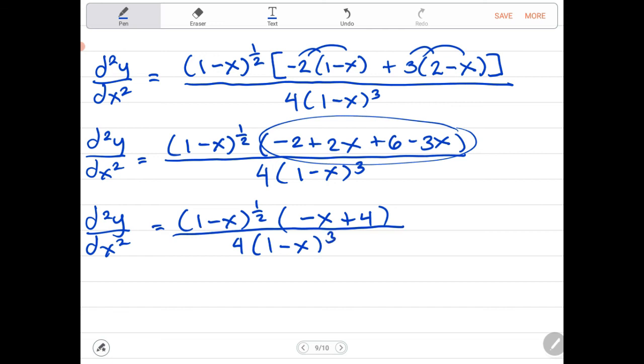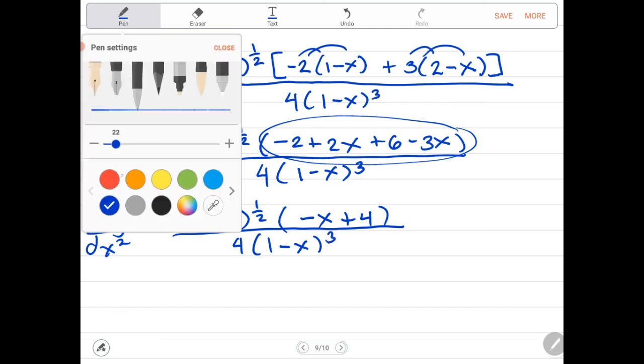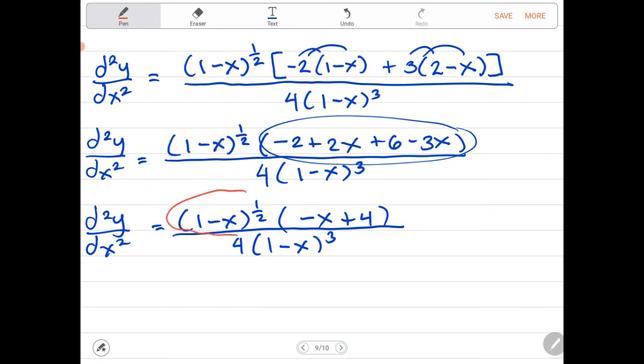But this is not yet the simplest form, right? Because we can still simplify this. Look at this, they are the same, right? So we can cancel this out. What will happen to the exponent of the denominator, which is 3? 3 minus 1/2, that is 5 over 2.